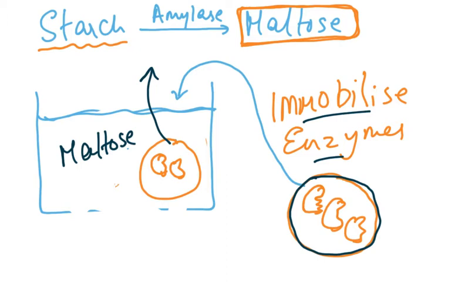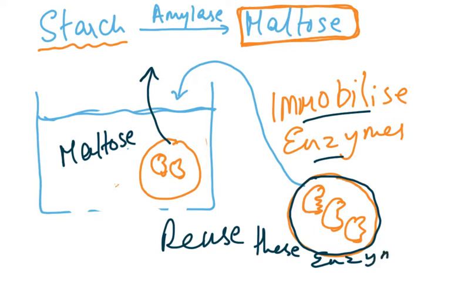In immobilized enzymes, we can reuse these enzymes, and we don't need any technically difficult filter to separate the amylase. These balls of enzymes can be removed, and then added to another solution of starch.